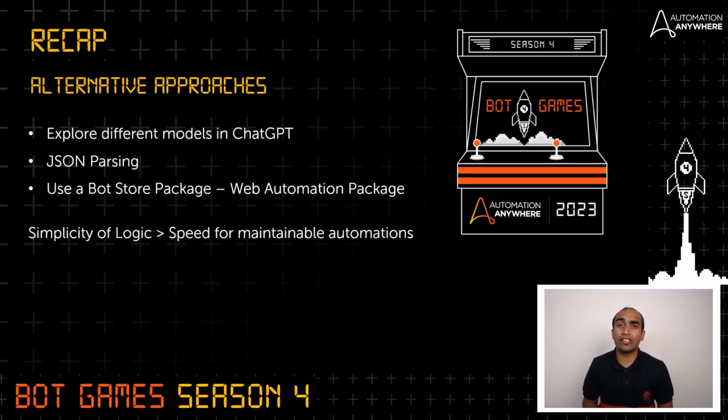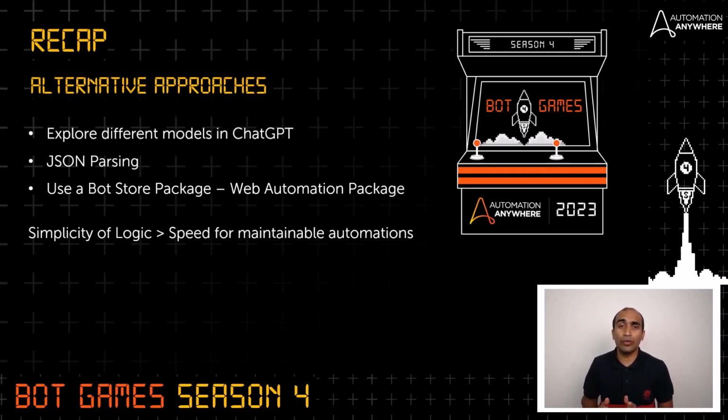We've also seen some of the developers online have converted it into dictionary variables and they were able to save some time. Some of them got the responses in CSV format and then they were able to parse them. And if you still want to improve the speed, there is a package called Web Automation Package on the bot store, which can execute this much faster, but you just have to ensure that you're not hitting the ChatGPT package at a very short interval, because it can start throwing errors saying there have been too many requests in a short span of time.